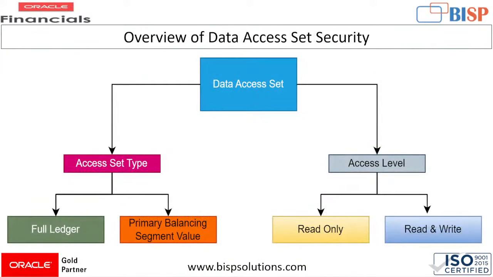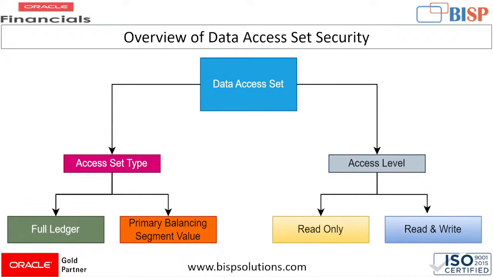So this is the overview of data access security. Data access set secures access to ledger and ledger set and portion of ledger using the primary balancing segment values.